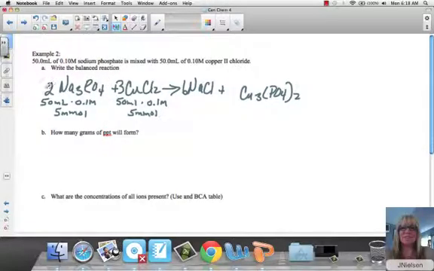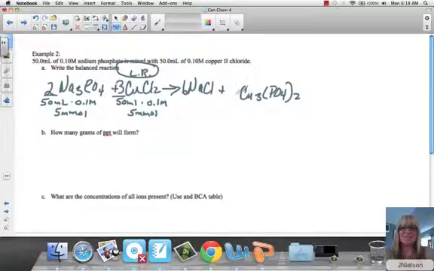This has a coefficient of 2, and this has a coefficient of 3. So if we were to determine what our limiting reagent were, given that we have equal millimoles to start with, we can tell right away that the limiting reagent will be the copper chloride.